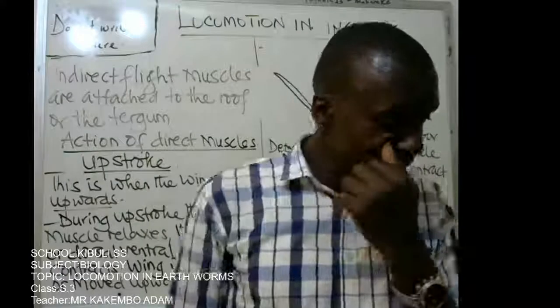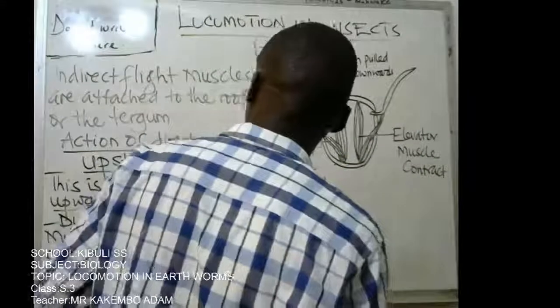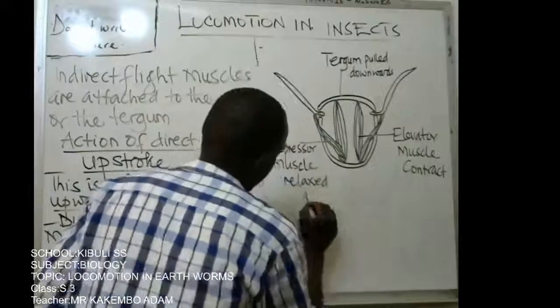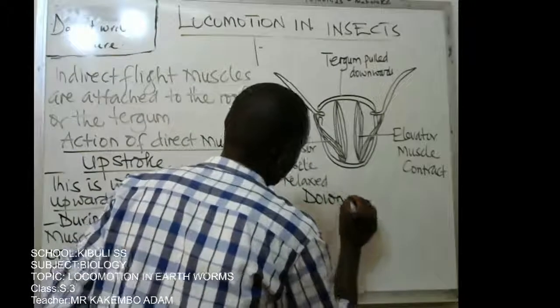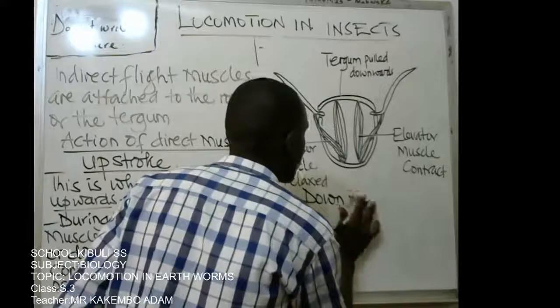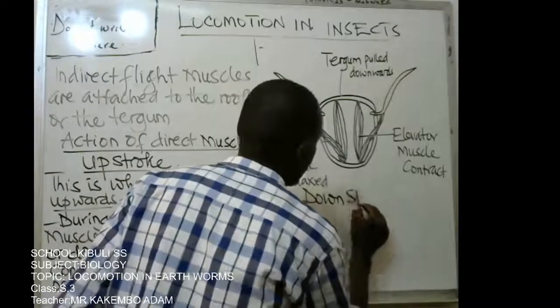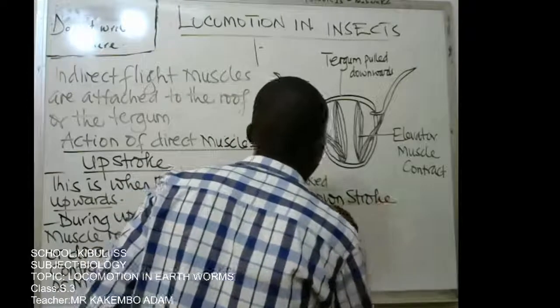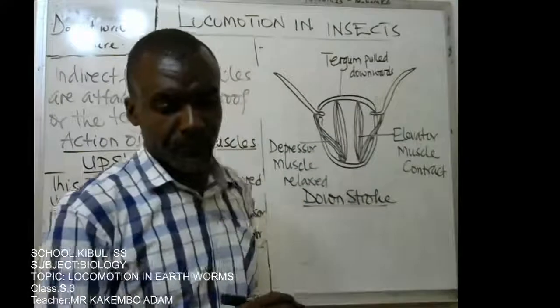Then the downstroke, the lowering of the wing. What happens during downstroke?